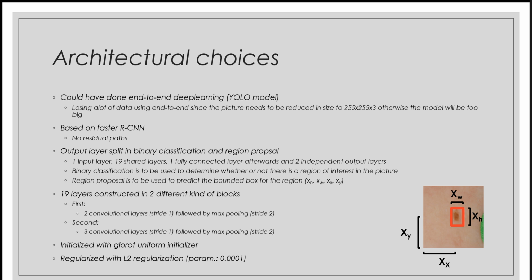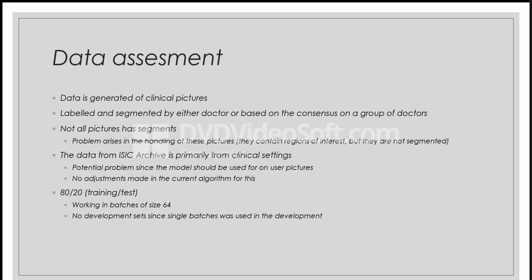When looking at the data and comparing it to the final usage of this, there's a potential problem. The potential problem is that the data used is of clinical settings and not of everyday settings of people having taken a picture of some mole they're having.